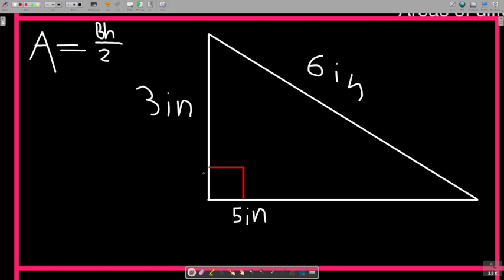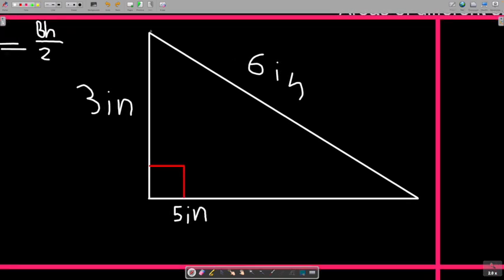Now the base is this part right here, which is 5 inches. And the height is this, which is 3 inches. Now, this formula only works for right triangles. And this is why it's over 2, by the way. Because right triangles are basically half of a rectangle.